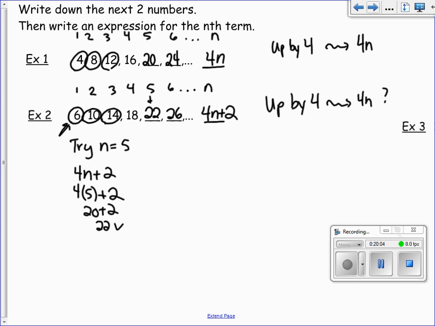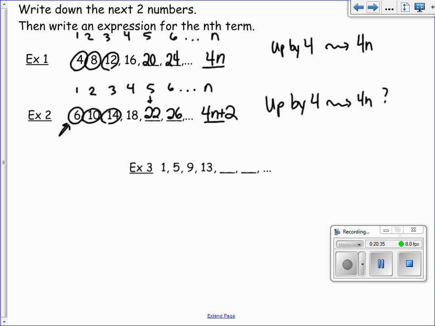All right, so now I have one for you and your partner to try together. Can't you just take 4, because it's up by 4, and then multiply it by one of those, so say 5 again? 4 times 5, it's 20, right?